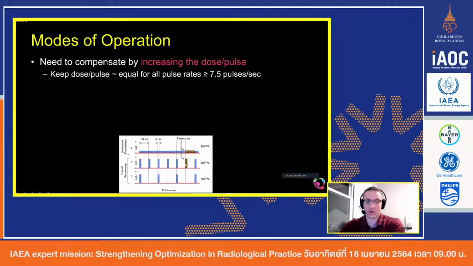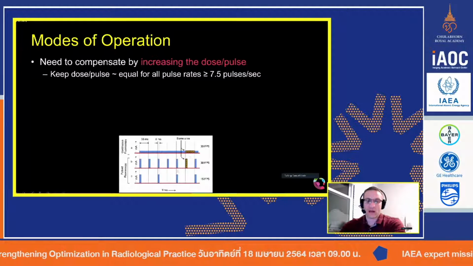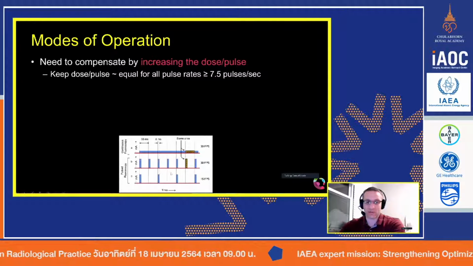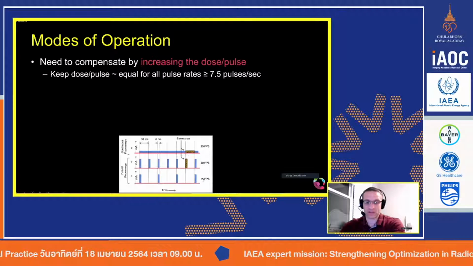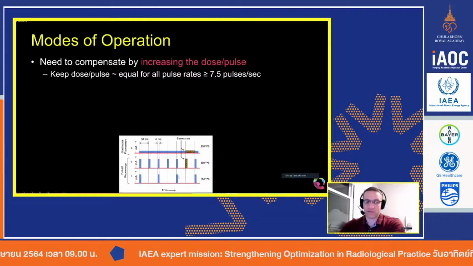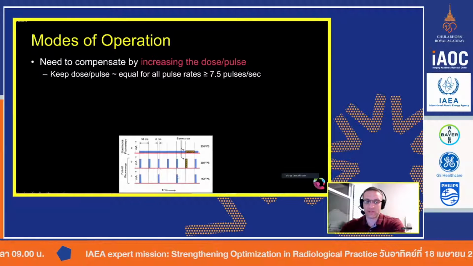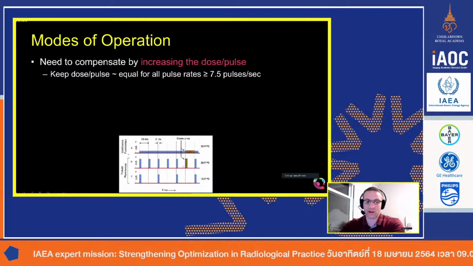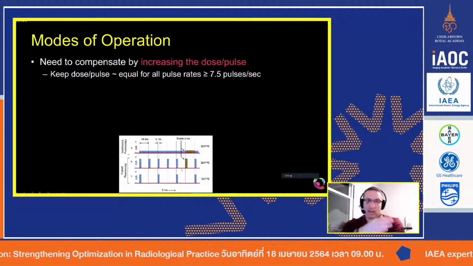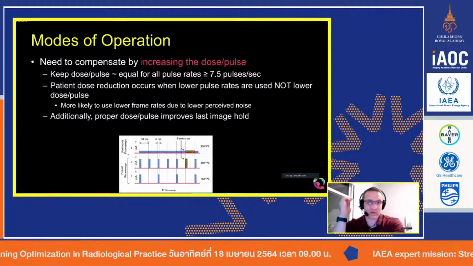Now the noise will be perceived as the same. Now what happens if we are quite literally skipping every other one by doing 15 pulses per second? Now our eye is not able to average as much, so we need to take each one of these values and make them taller. We need to collect more dose per pulse if we're going to reduce the number of pulses that we see in the image.